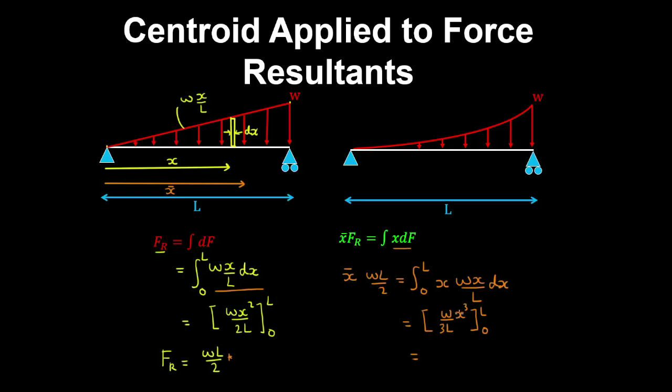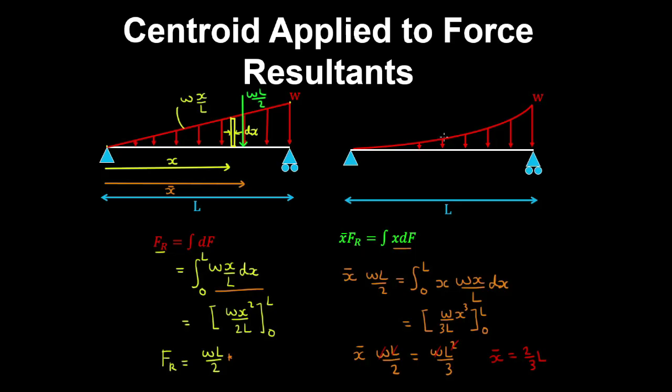So that gives WL cubed on 3L, or WL squared on 3. And that's equal to x bar by WL on 2. And now if you solve for x bar by dividing through by W and dividing through by L, and then multiplying through by 2, we obtain x bar is 2/3 L. And that's expected, that the resultant force acts at 2/3 of the length of this distributed load.